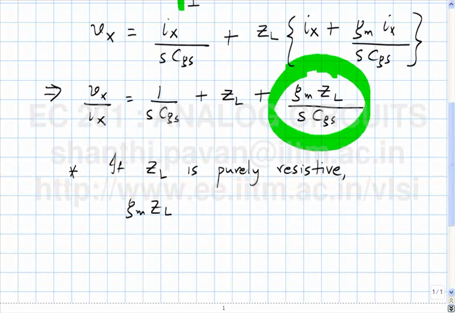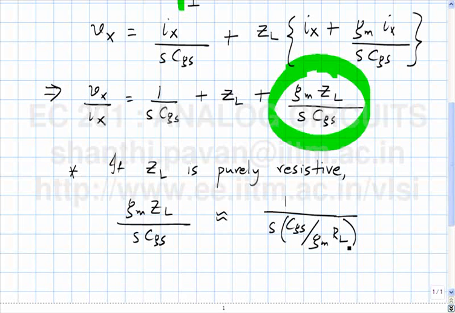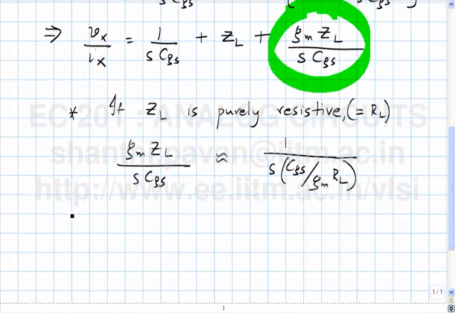GM ZL by SCGS simply looks like 1 over SCGS divided by GM RL. Doesn't seem particularly interesting. What happens if ZL is equal to an inductor?